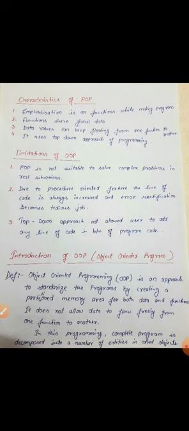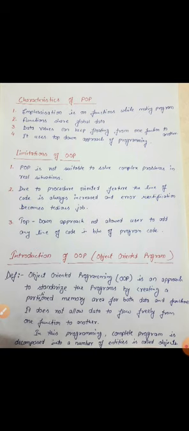Our main focus is going to be on these two points only, real world objects and software objects, because we are working in the computer field and we are studying about computers, so always we have to talk about software objects.